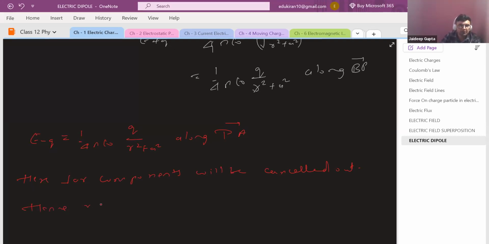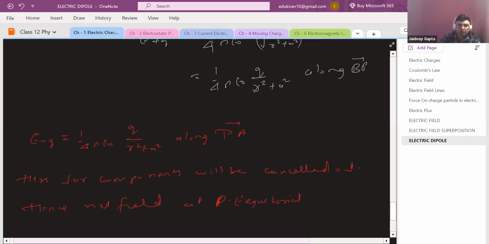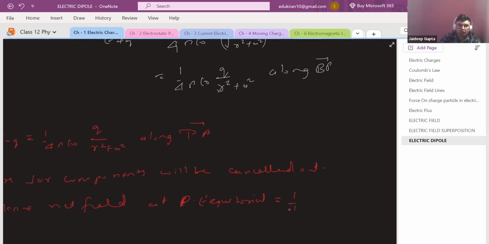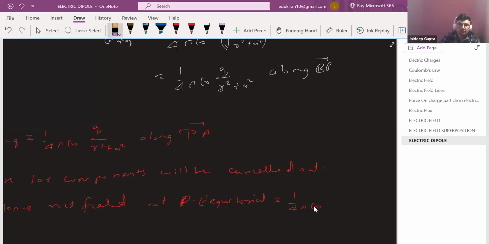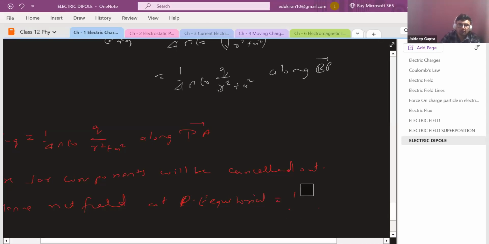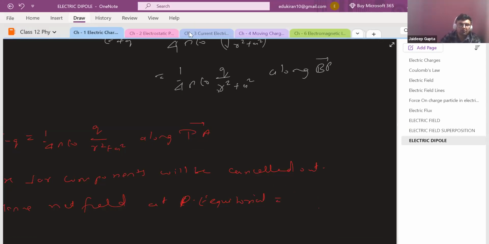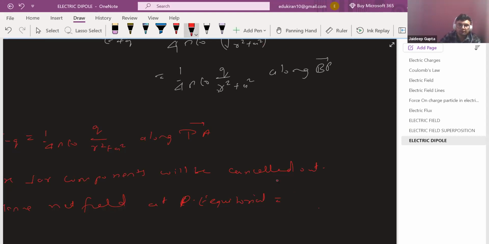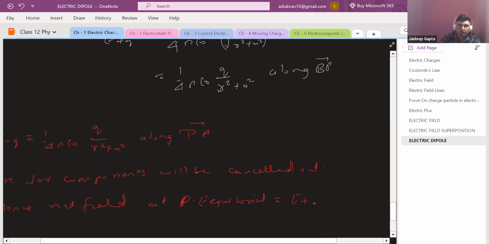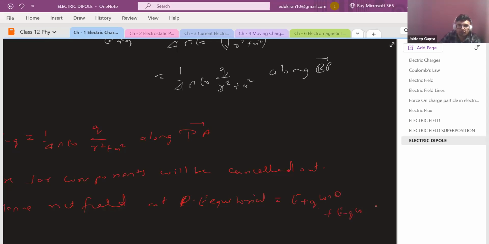Hence, net field at equatorial point P, E equatorial equals 1 over 4 epsilon, just a minute, sorry. So E plus Q cos theta plus E minus Q cos theta.